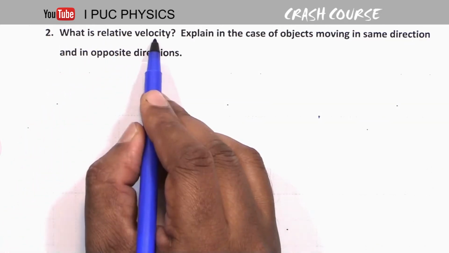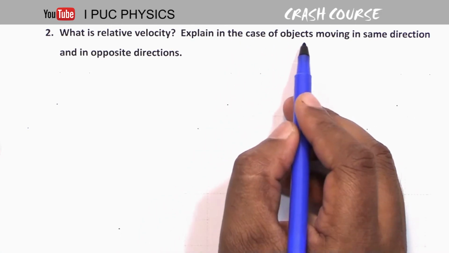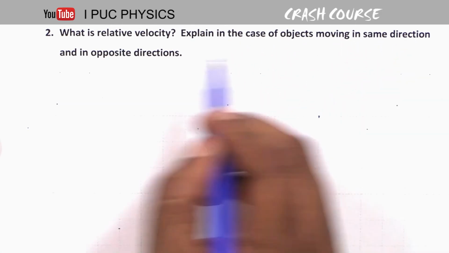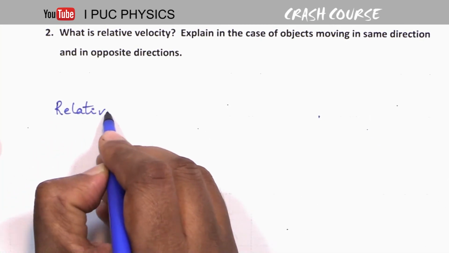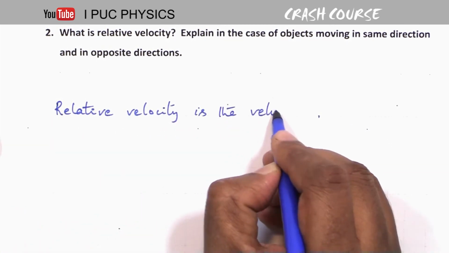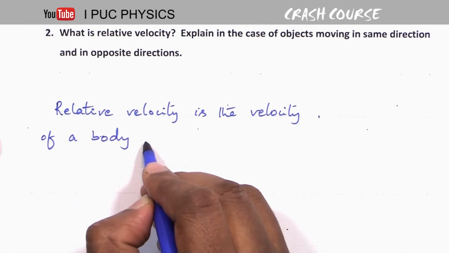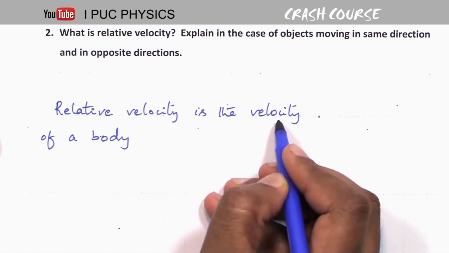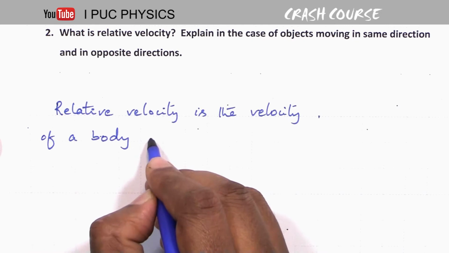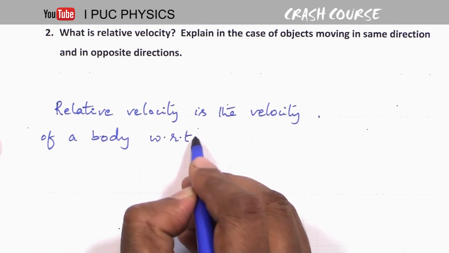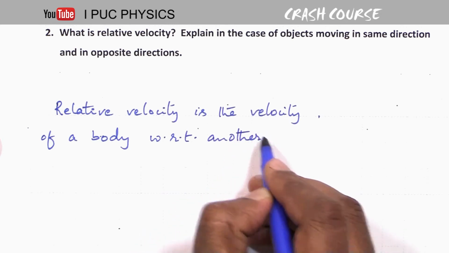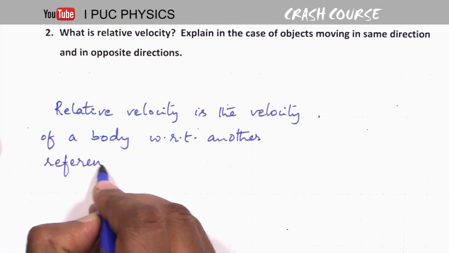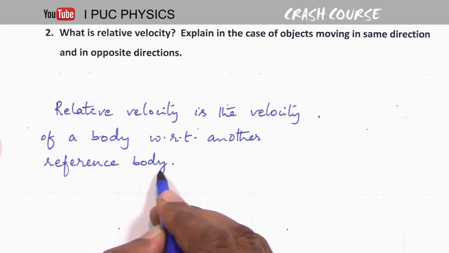What is relative velocity? Explain in the case of objects moving in the same direction and in opposite directions. Relative velocity is the velocity of a body with respect to another reference body.